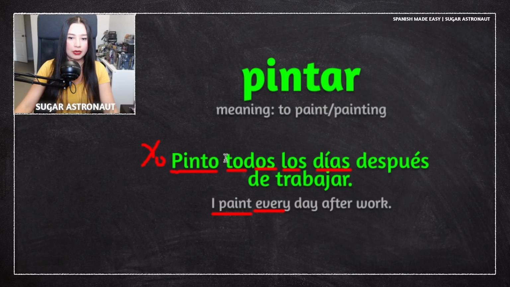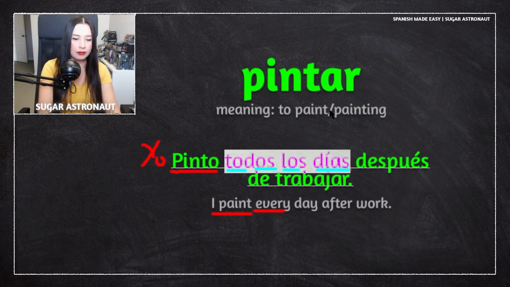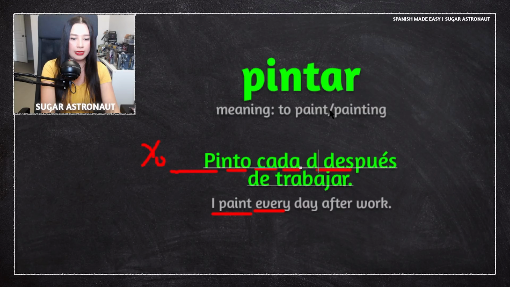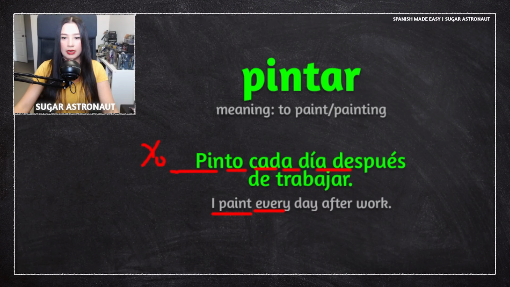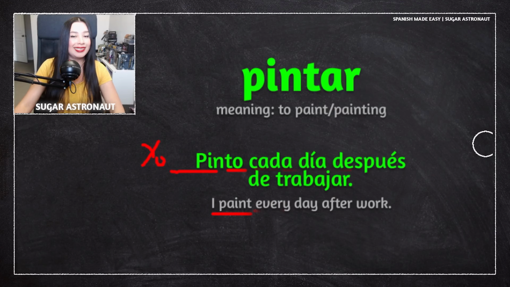Just let me put it here. Cada día. And let me just erase this so you can see. Cada día is a literal translation of every day. It's also commonly used in Spanish.